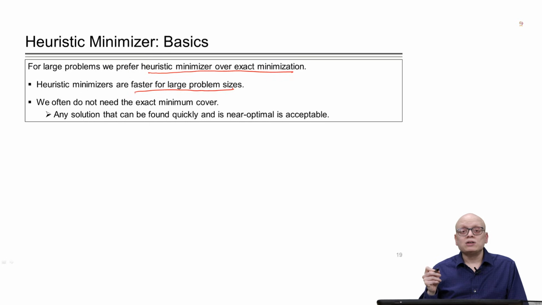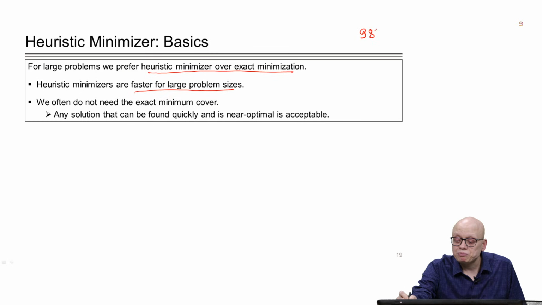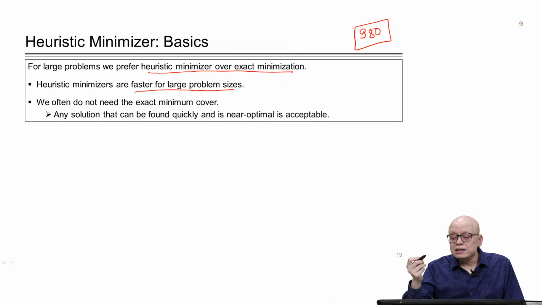Many times what happens is that suppose the exact theoretical minimum cover size is, say, 980, and a heuristic minimizer, which tries to find a minimal cover rather than a minimum cover, gives a number of cubes or implicants in the cover of, instead of 980, say 988.